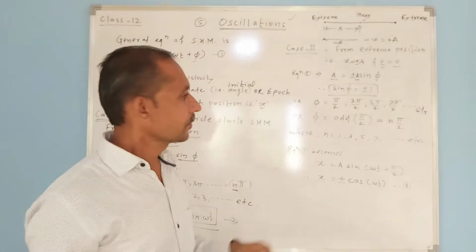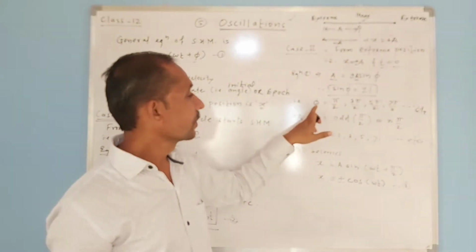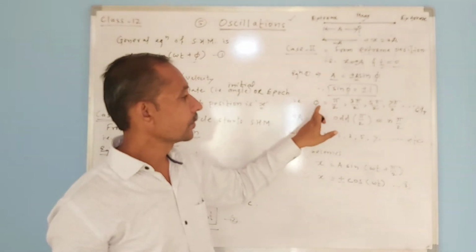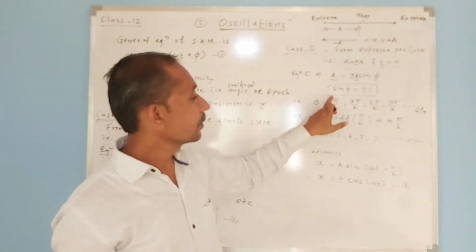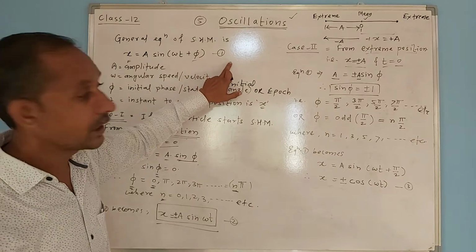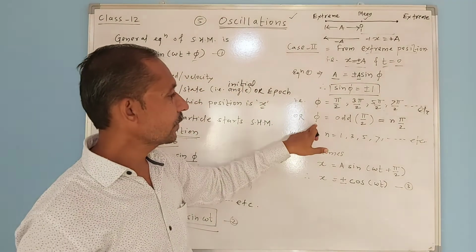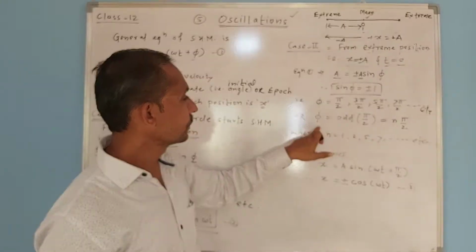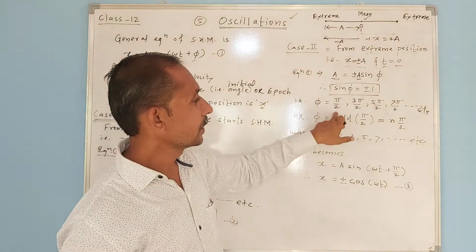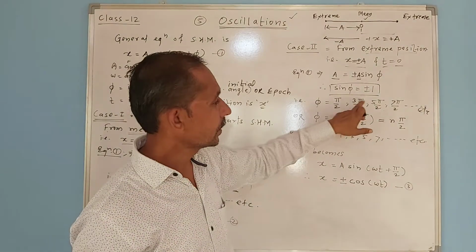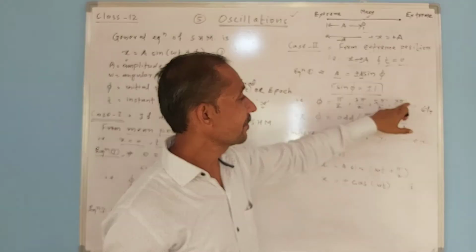So select the initial value phi, which is pi by 2. Place this phi equal to pi by 2 in equation 1.